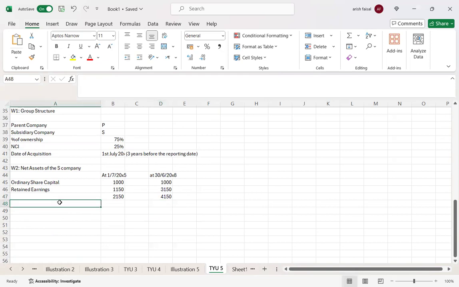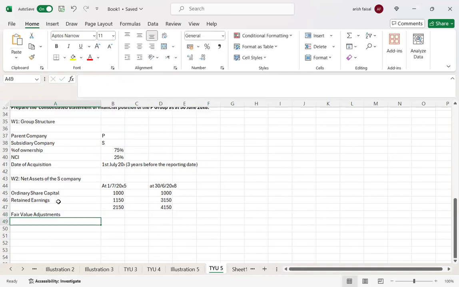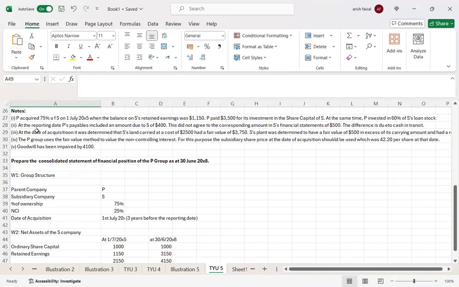We also need to check if there are any fair value adjustments. Okay. So as far as the fair value adjustment is concerned, I can find it over here in the third point: at the date of acquisition, it was determined that the subsidiary's land, which doesn't get depreciated so you don't have to worry about excess depreciation, carried at a cost of 2,500 had a fair value of 3,750.